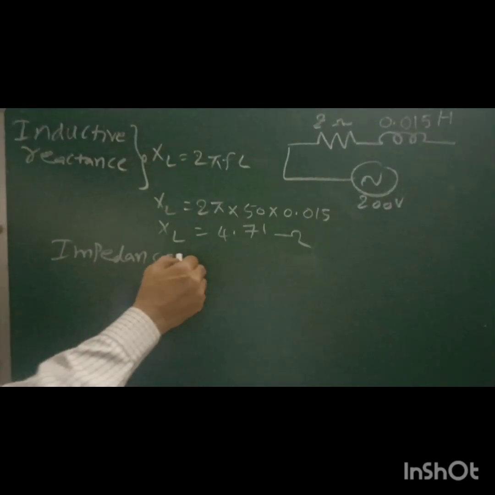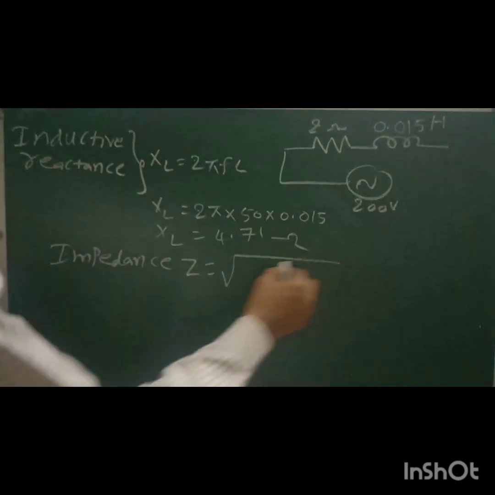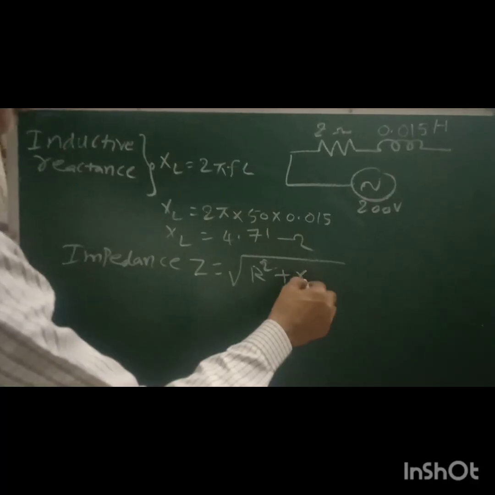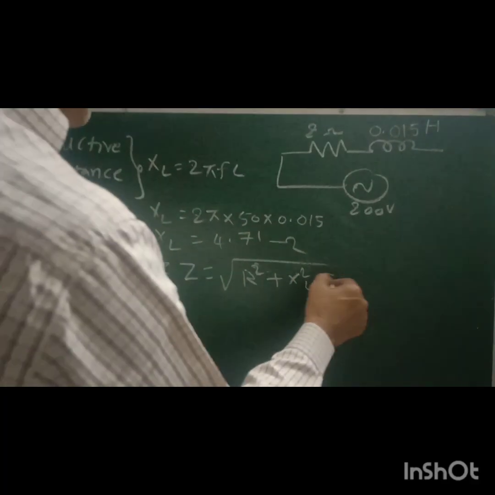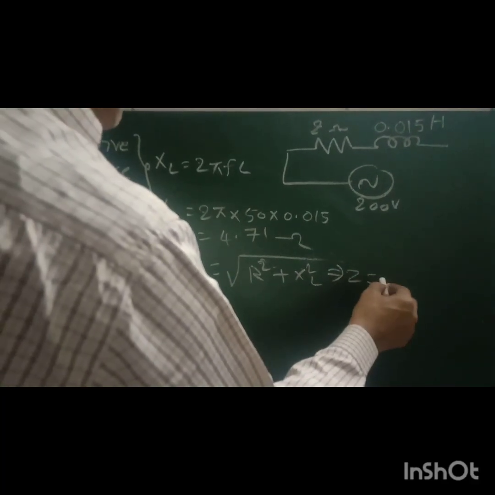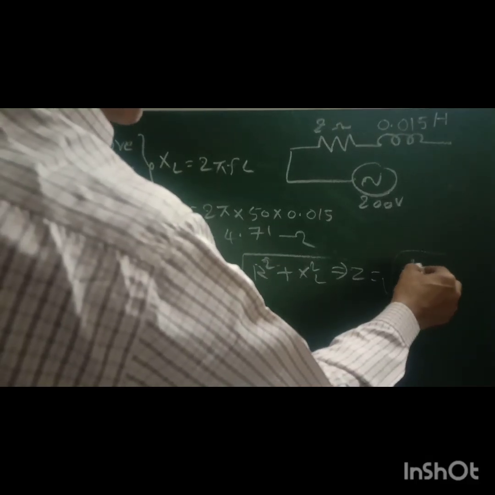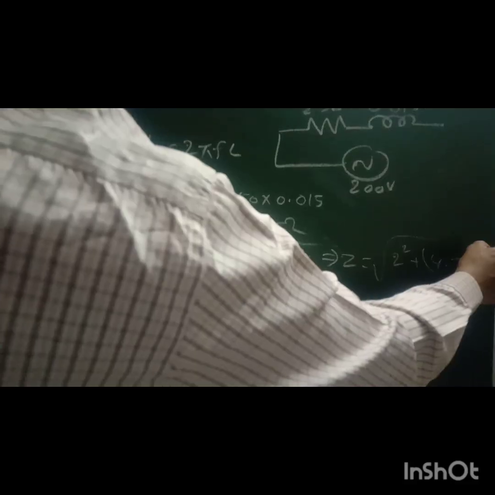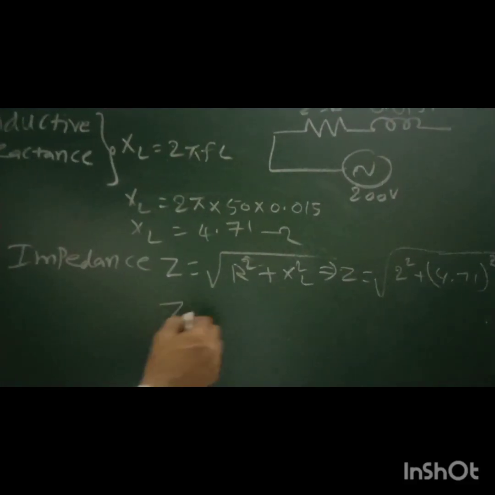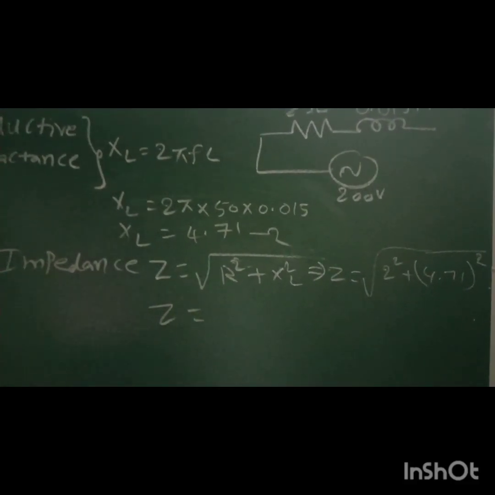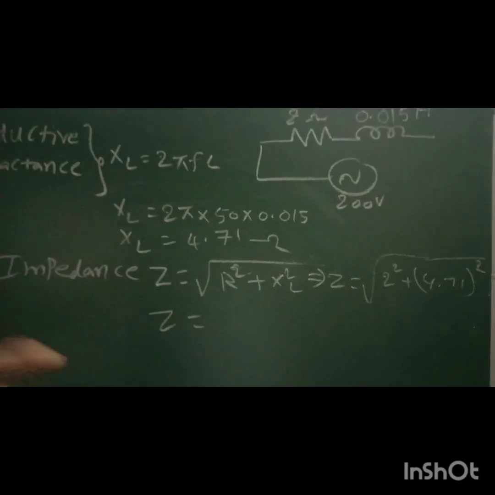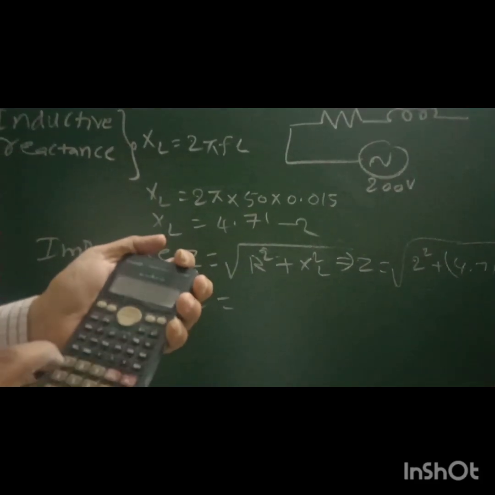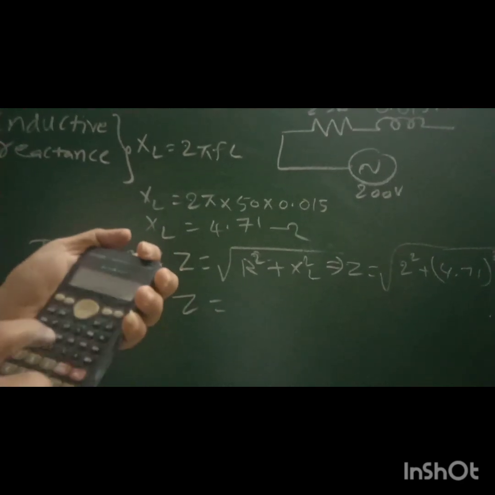Next, impedance. Impedance is represented by Z, which is equal to the square root of R square plus XL square. That implies Z is equal to, what is R here? 2 square plus 4.71 square, all under the root.